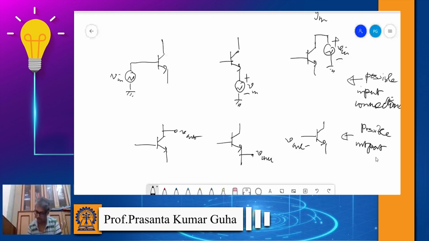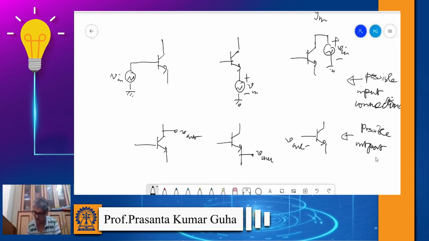Now if we think carefully, in the case of a bipolar transistor operating in the active mode, we basically see the base emitter voltage variations, and that reflects in the collector current.